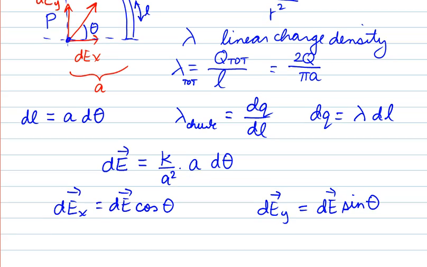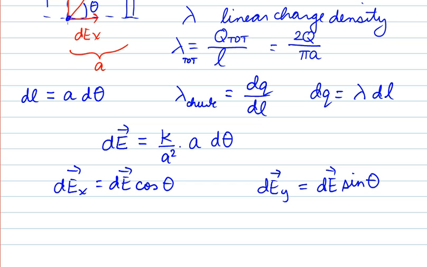Okay, so now we're almost ready to integrate. We're going to say that dEx, we'll just look at magnitude, is dE, so in other words, k over a times d theta, and that's going to be times cosine theta.